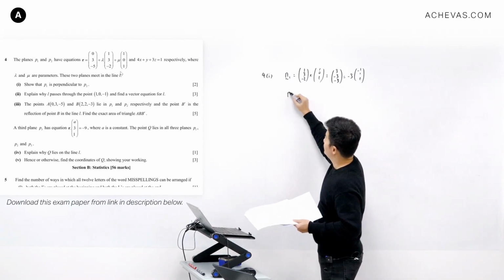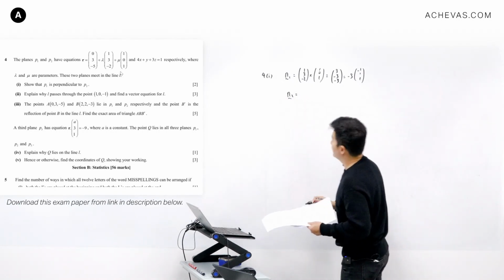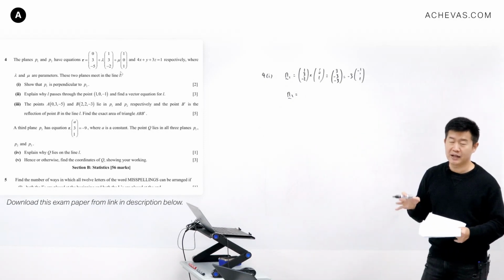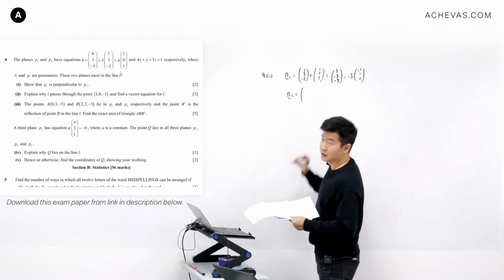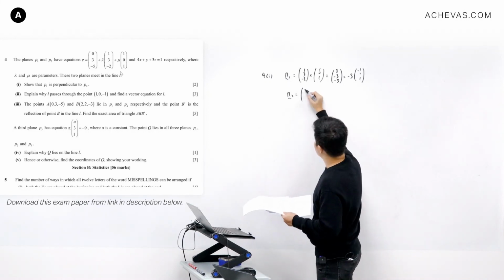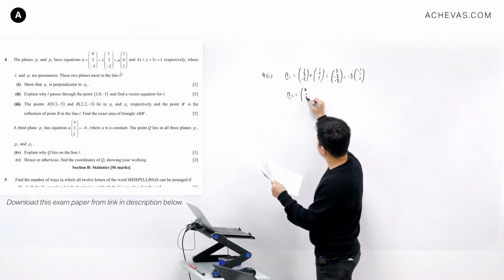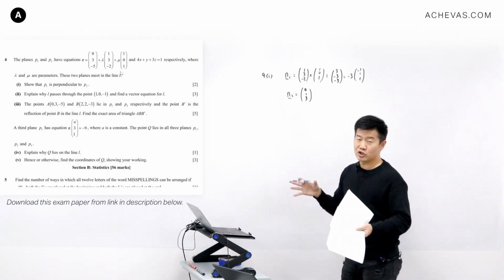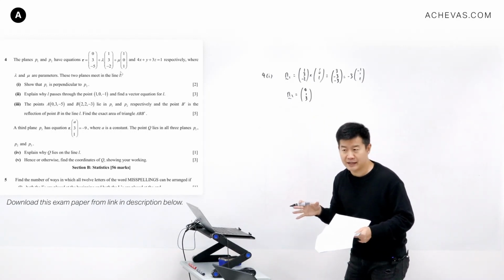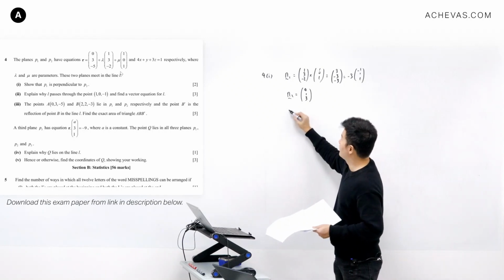As for the second normal, the normal to plane P2, I am going to just extract directly from the Cartesian version that is given, which is going to be this 4, 1, 3. So let's do a test to check whether these two planes P1 and P2 are perpendicular to each other.